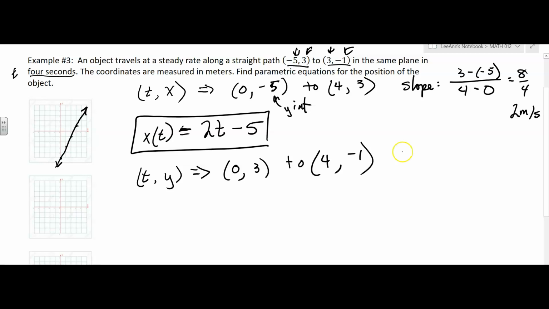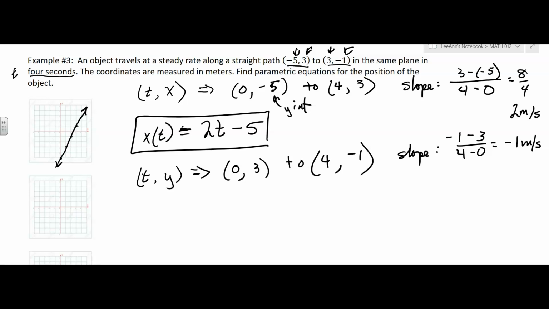So slope, again, -1 minus 3 over 4 minus 0, which gives us what? -1 meter per second. So you could think about the object in a plane dropping 1 meter per second. That would be a rate.